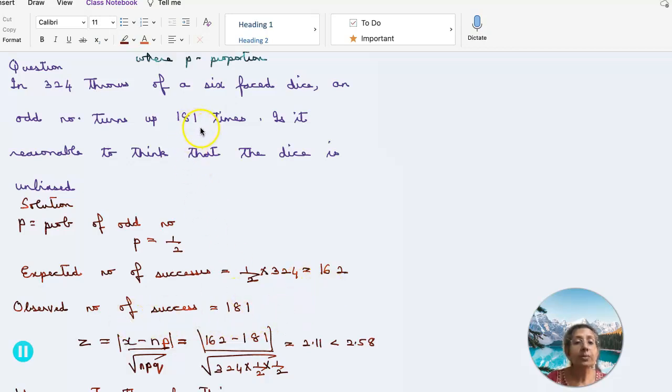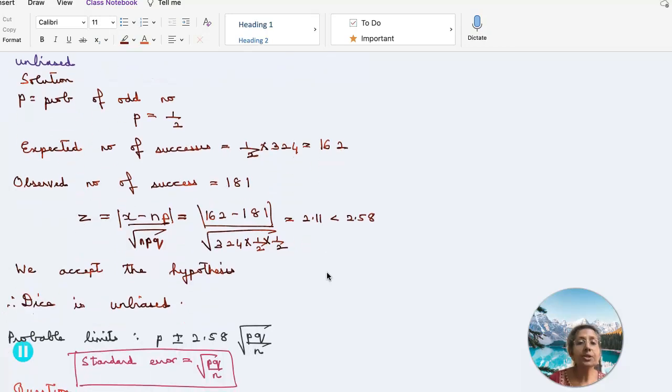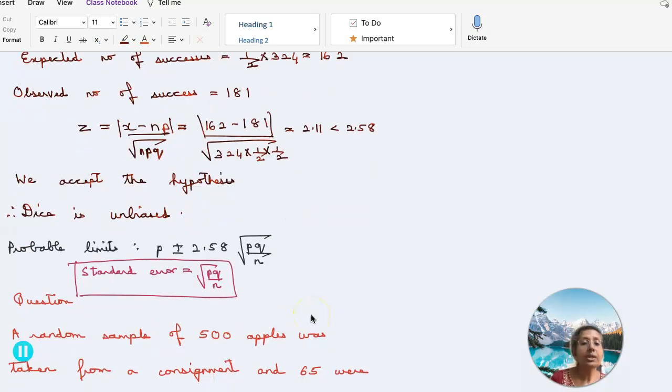What is your observed number of successes? 181. So z is mod of (x minus np) by root npq. Substituting, you get 2.11, which is less than 2.58. So what do we do? We accept the hypothesis. And what is the hypothesis? The die is unbiased.